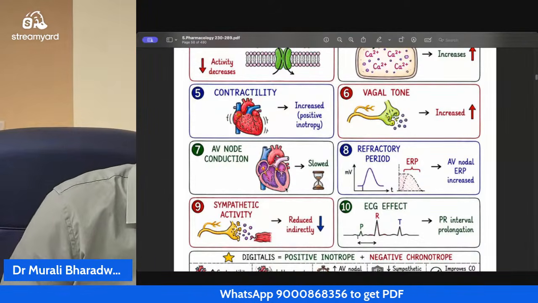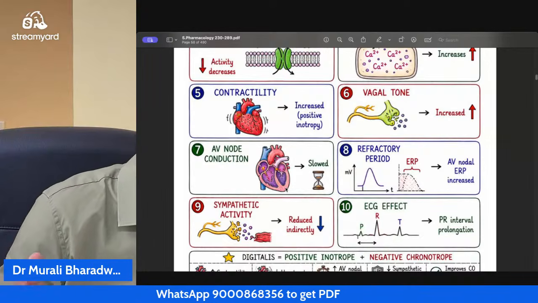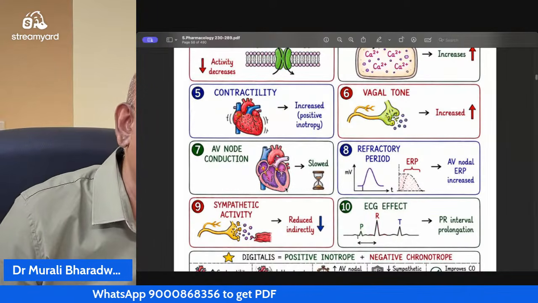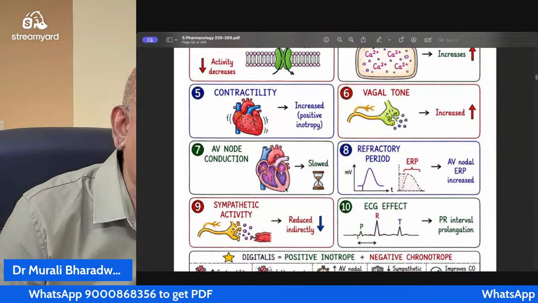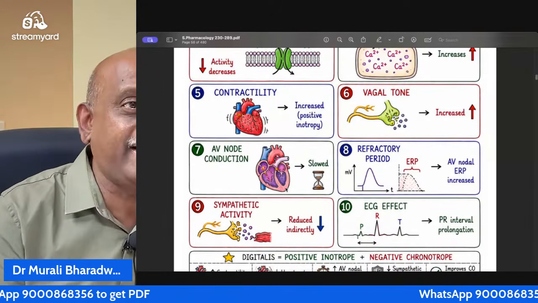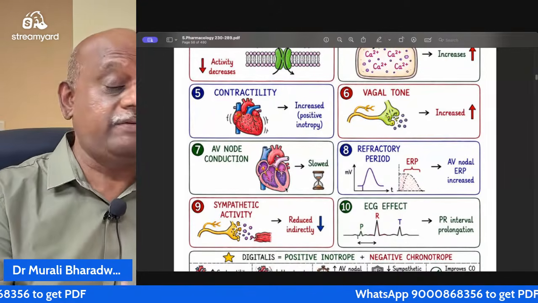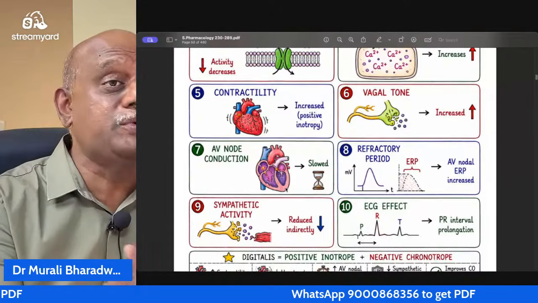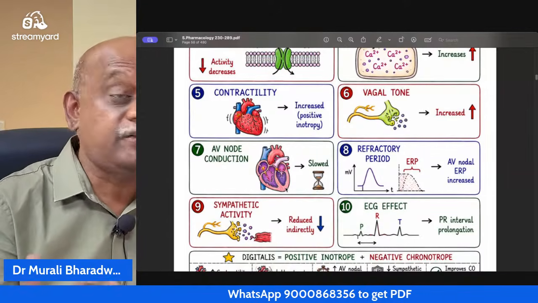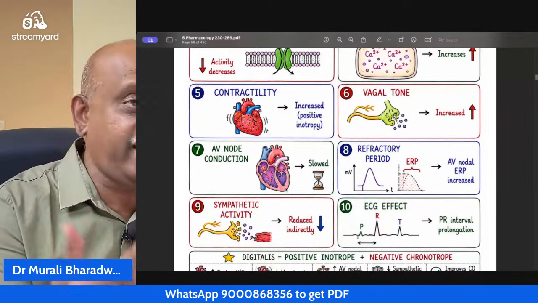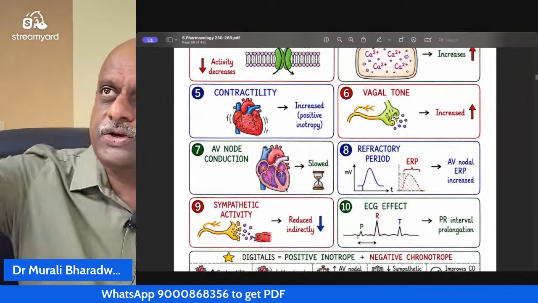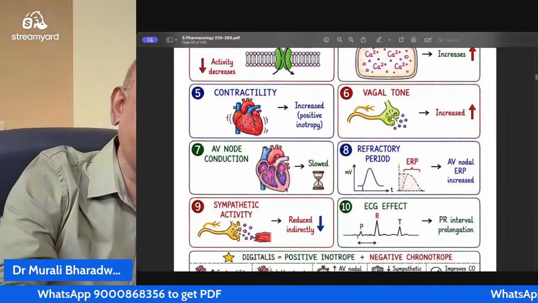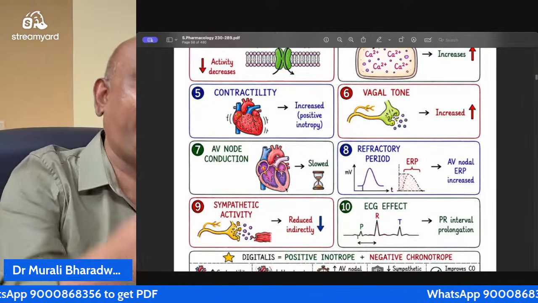Digitalis also has a vagomimetic effect. It increases parasympathetic activity and increases AV node refractoriness. It will cause bradycardia. That is the reason whenever there is atrial fibrillation, we use digitalis for its vagomimetic effects, to make the AV node block conduction of atrial fibrillation into the ventricle and control the ventricular rate.